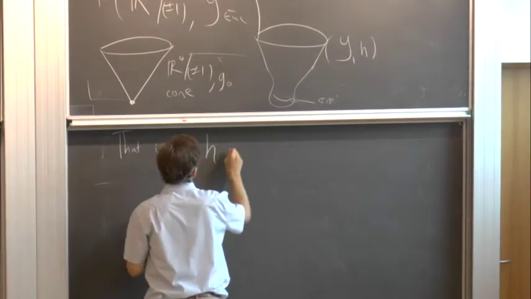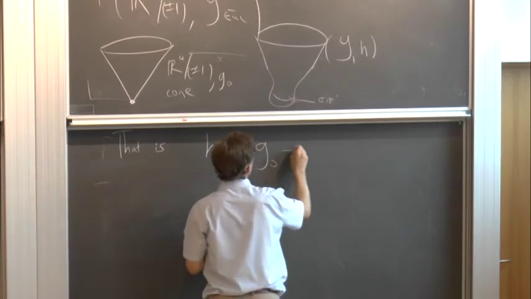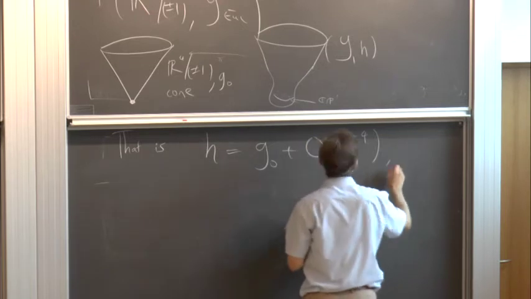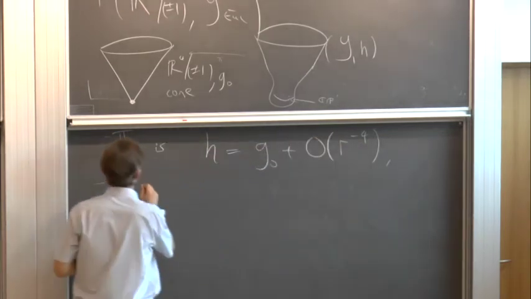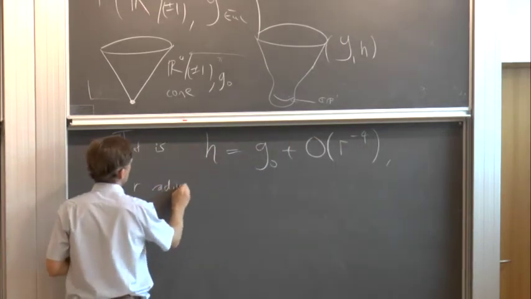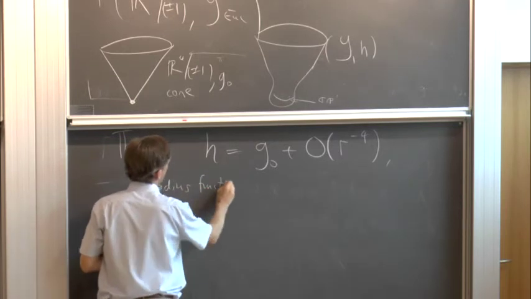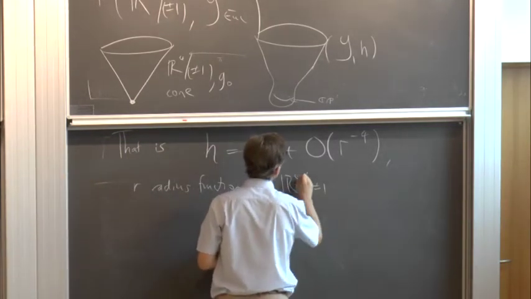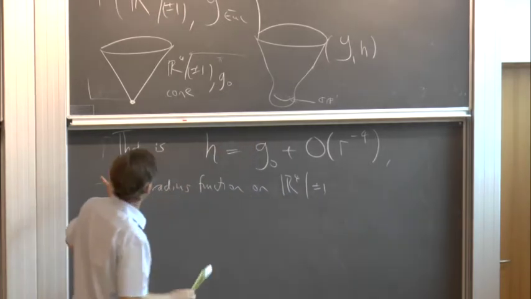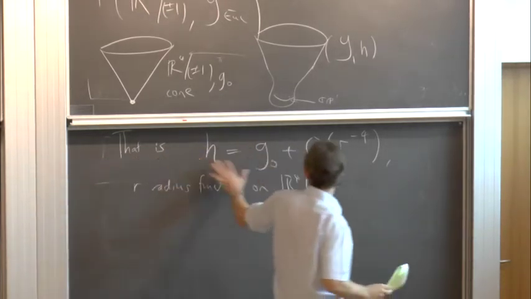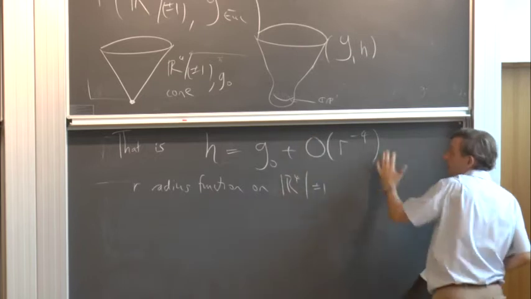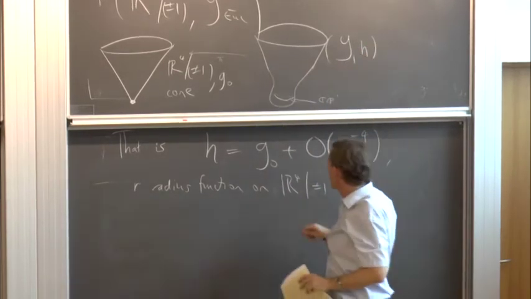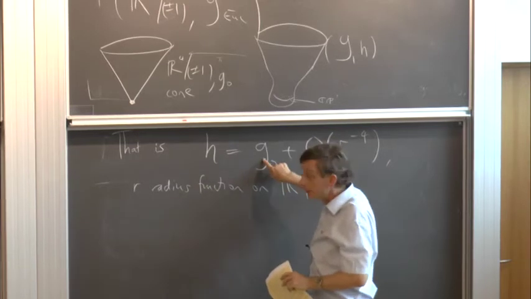So h is equal to G0 plus order of r to the minus 4, where r is the radius function on R4 over plus minus 1. So this means that as r gets large, this error gets small. So as you go towards infinity in the cone, h and G0 get very close.